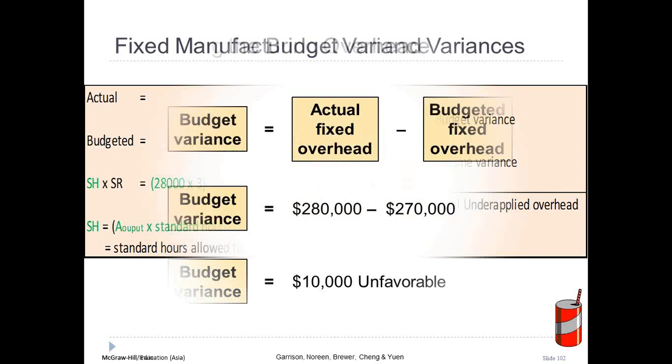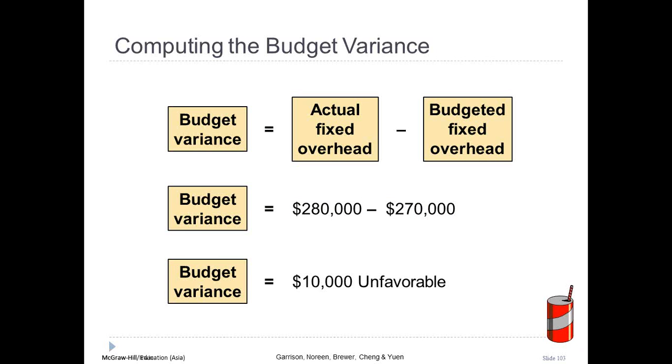The budget variance of $10,000 is the difference between the actual fixed overhead of $280,000 and the budgeted fixed overhead of $270,000. The variance is labeled as unfavorable because the company actually incurred more costs than the budget projected.